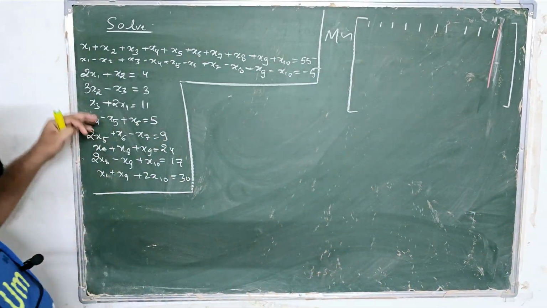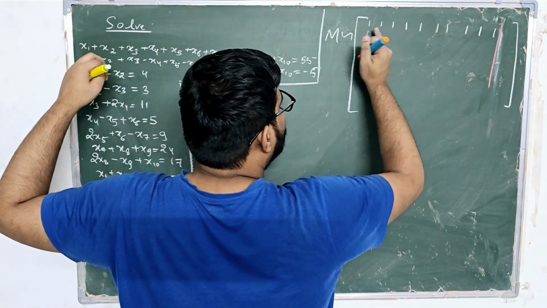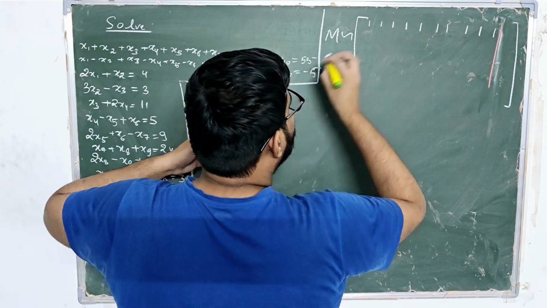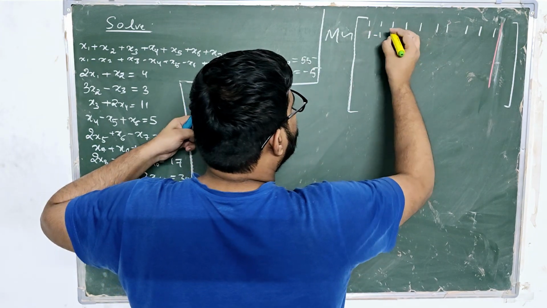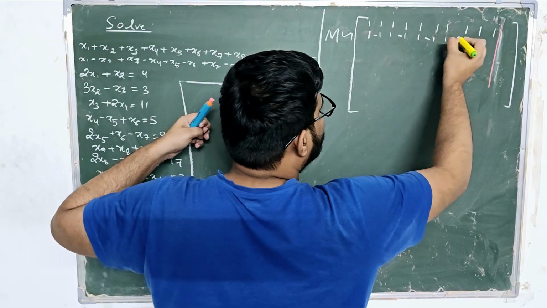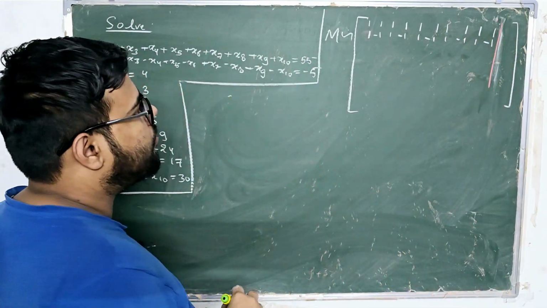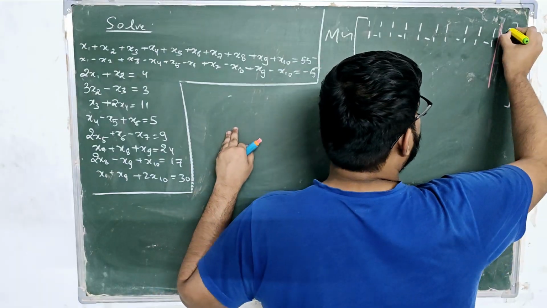Okay. So now we have 1, 1, negative 1, 1, negative 1, 1, negative 1, 1, negative 1, negative 1. And corresponding to this we have 55.